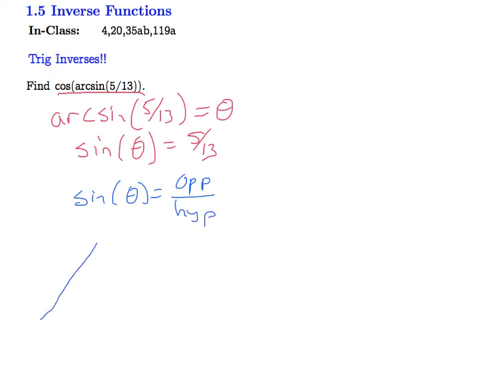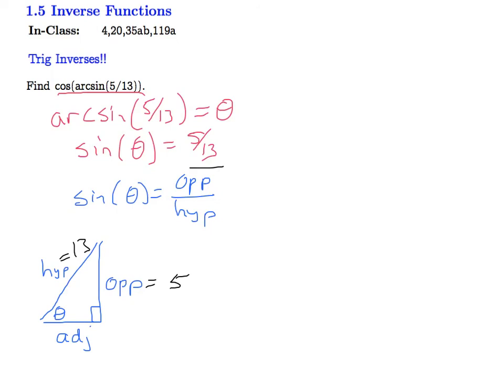So we can draw ourselves a right triangle, with angle theta, opposite side, hypotenuse, and adjacent side. Sine of this angle happens to equal 5/13. So this means that our opposite side has length 5 and our hypotenuse has length 13.